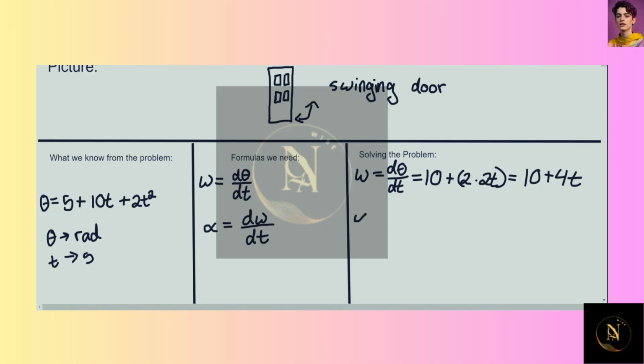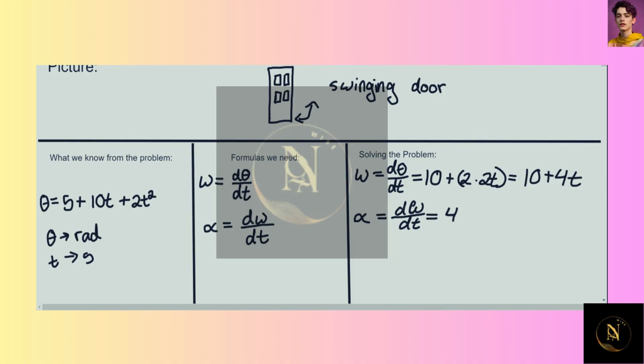Second equation for angular acceleration equals the derivative of the equation we just found, so that 10 plus 4t. So that's d omega dt. And that equals, again, this constant, it goes to 0. And then we take 1 times the coefficient, and then this t is going to go away.